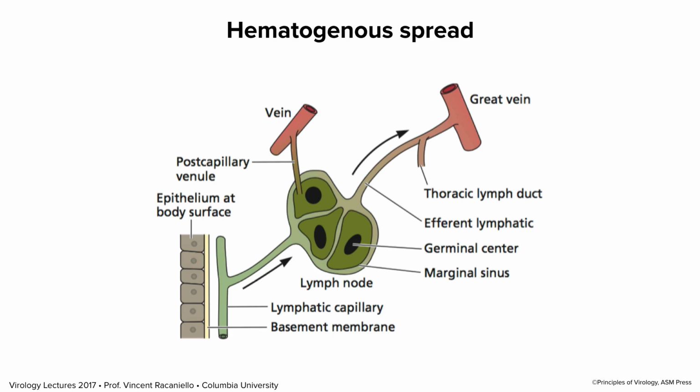Many viruses then enter the lymph system. So, besides having blood vessels and capillaries throughout your tissues, you also have a lymphatic system. And there are capillaries as well as lymph vessels throughout your body. And the capillaries tend to be more permeable than blood vessels, so viruses typically get into them.